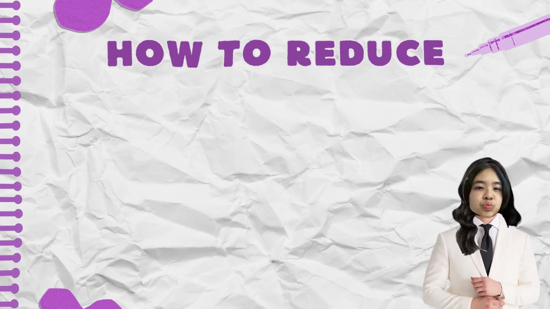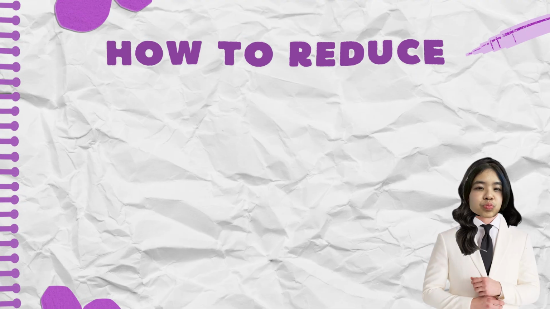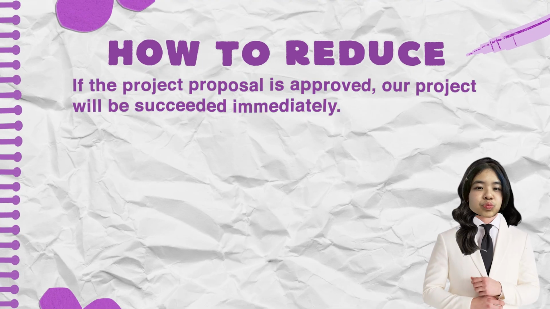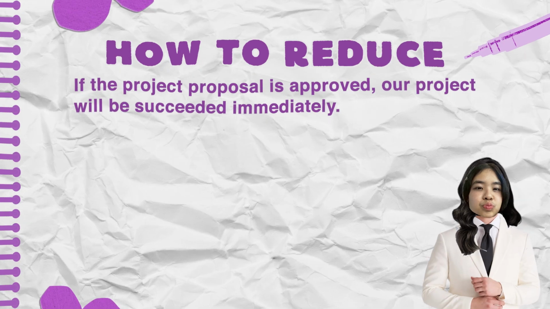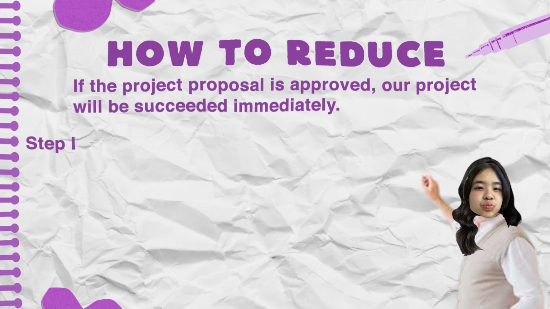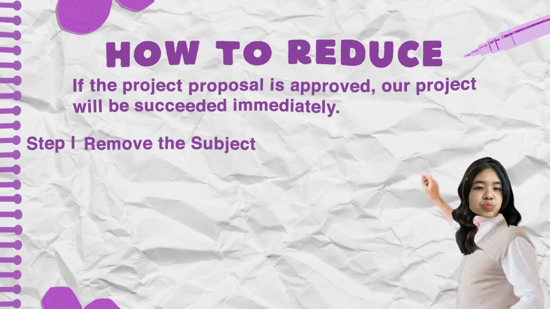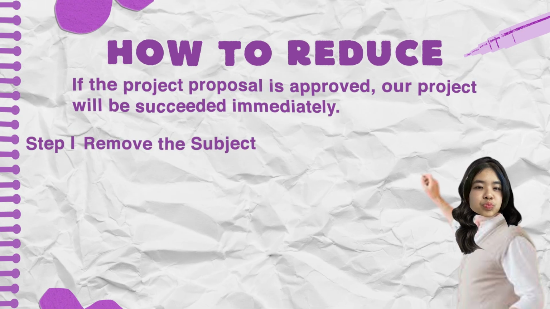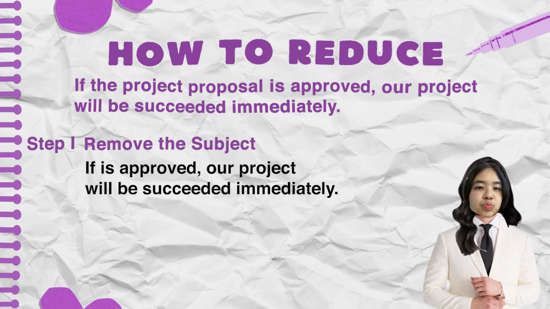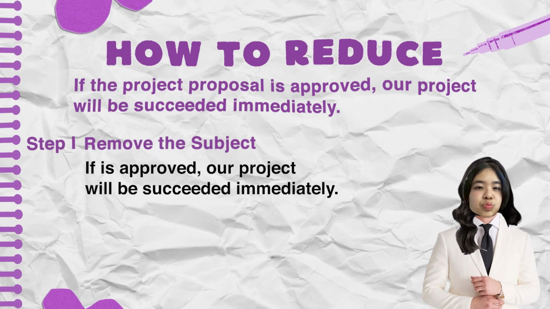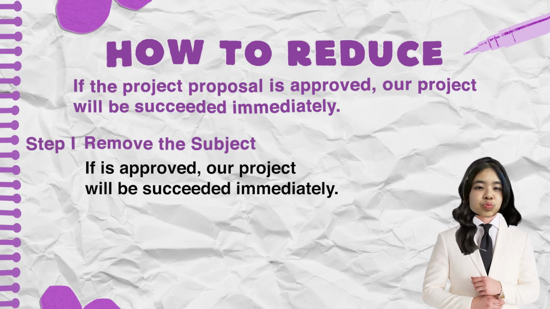These are two examples of how to reduce the form. The first example is: if the project proposal is approved, our project will succeed immediately. First, we're going to remove the subject, the project proposal. Then the sentence turns into: if it's approved, our project will succeed immediately.